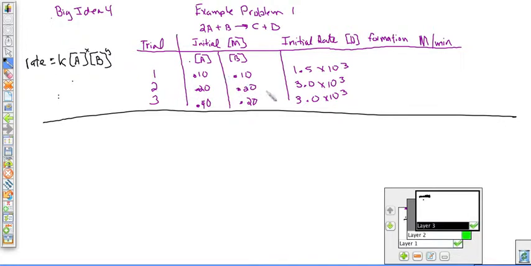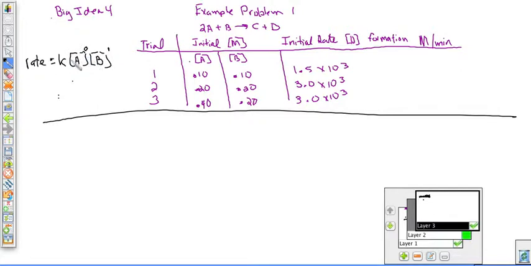So let's look at our third. In our third, we've doubled A, and we've left B alone. So from 2 to 3, we doubled B, and look, the rate did not change. So that tells you that A is not affecting the rate. So A is going to be 0 order, and B is going to be the first order.